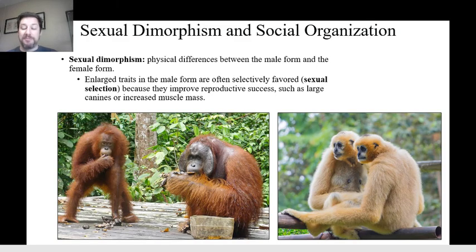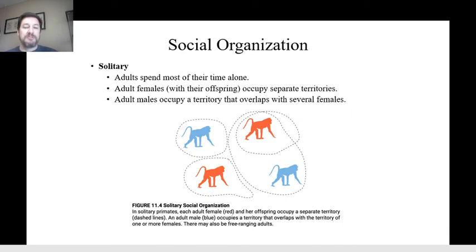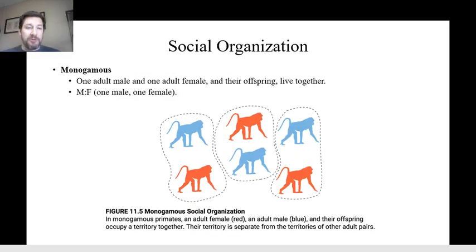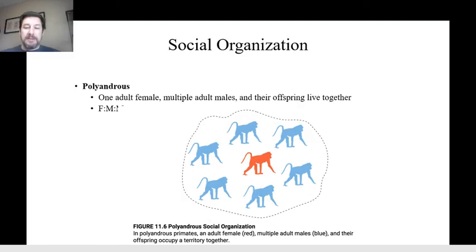So just as a reminder, you have solitary organization, where adults are mostly alone, orangutans being the example. Monogamous organization, where there are single male, single female pairs with their offspring. Polyandrous organization, where one adult female has multiple adult males that mate with her, and then they have all their offspring, golden lion tamarins being the primary example.